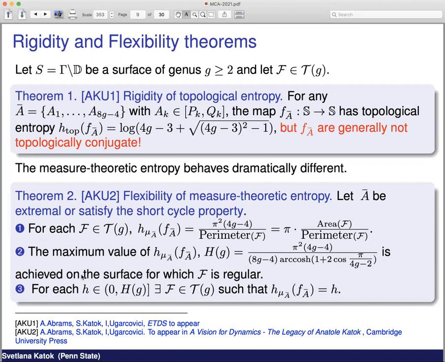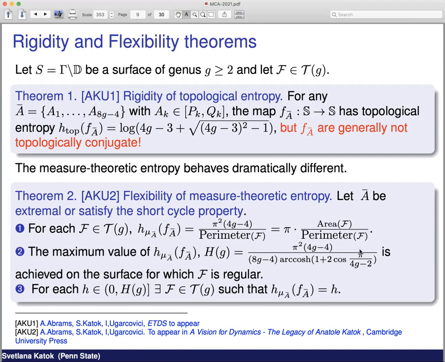All right, so this theorem consists of three parts. First part: for any F, for any A in this canonical polygon, the measure-theoretic entropy is given by this interesting formula: pi multiplied by the area and divided by the perimeter of the fundamental domain. The second part is the maximal value of the entropy.